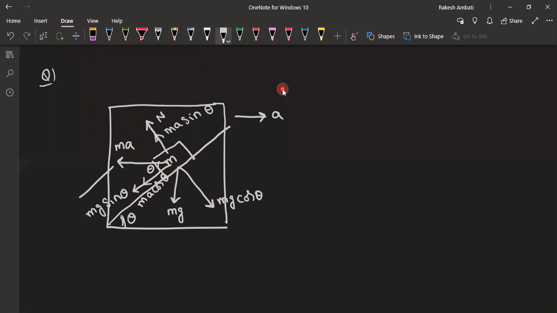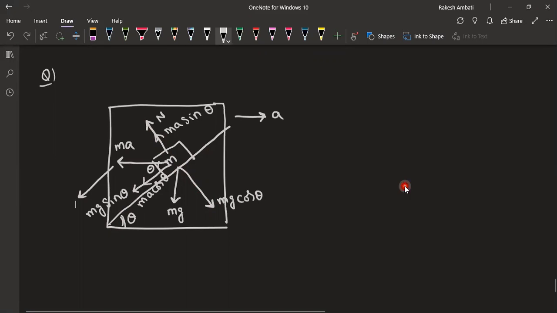The block is moving down the wedge, so it is a direction of motion. In this case, the block is moving along the inclined plane. So in this direction, the forces will be balanced.